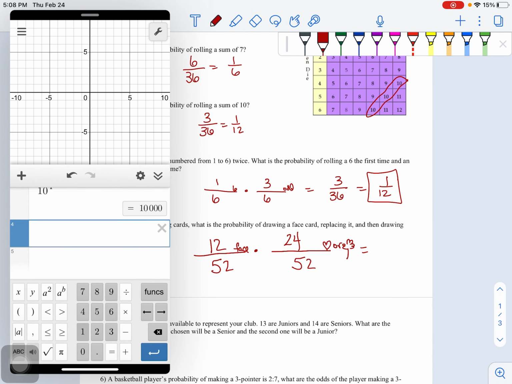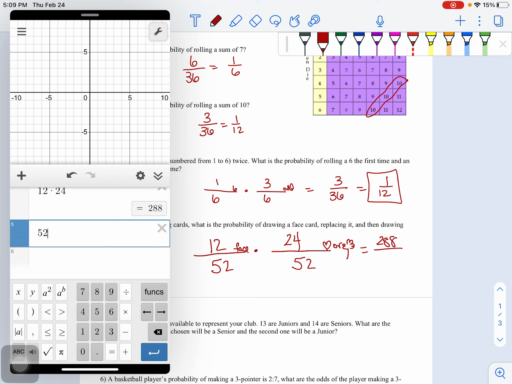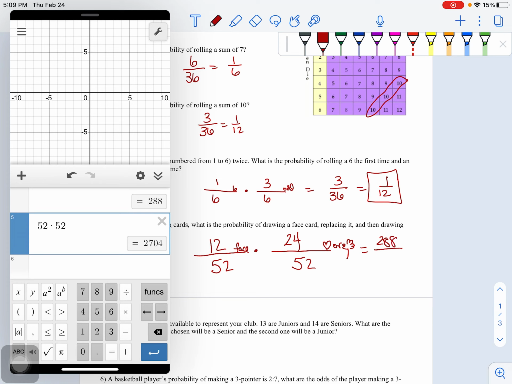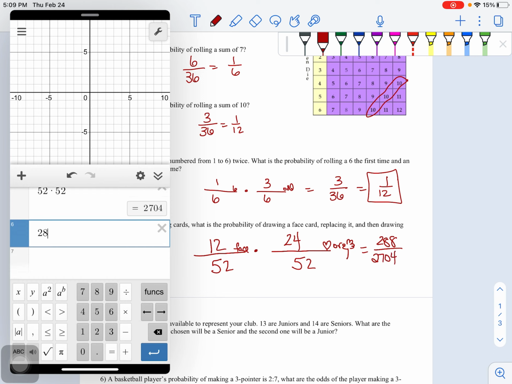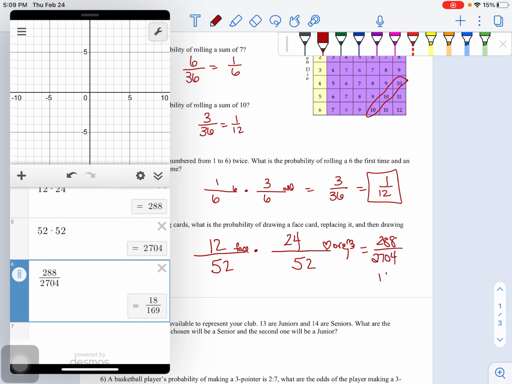We've got 12 over 52, or 12 times 24, which is 288. 52 times 52, 2704. And if we reduce it, we get 18 over 169.